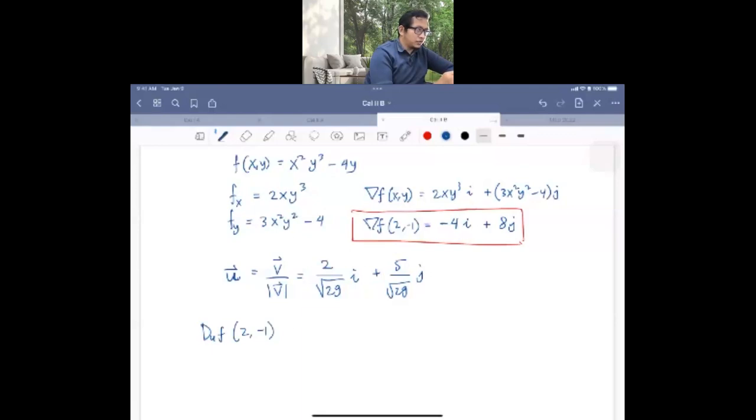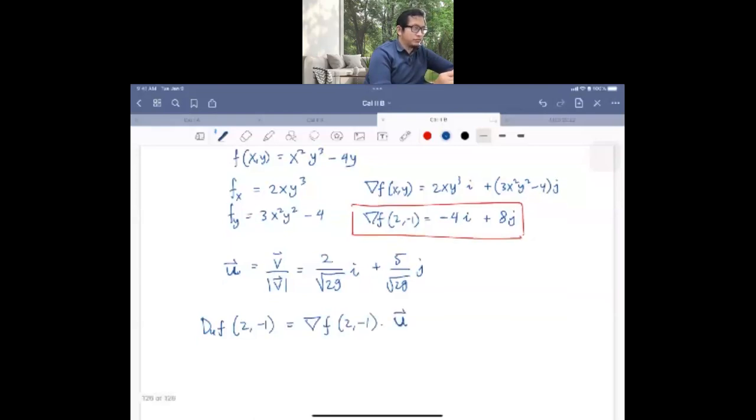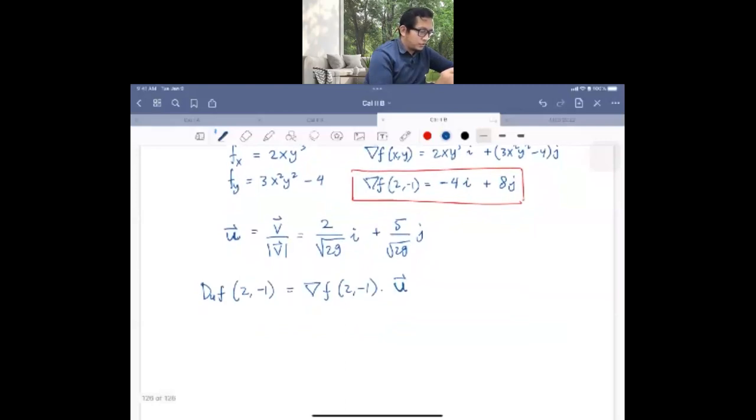The directional derivative at (2, -1) will be equal to this gradient dot product with the unit vector u.